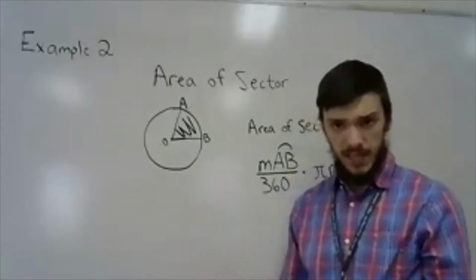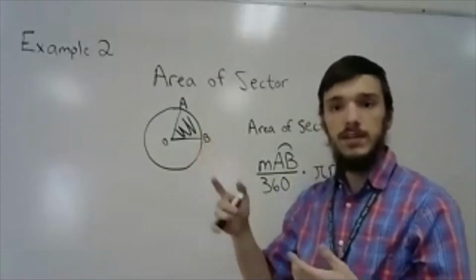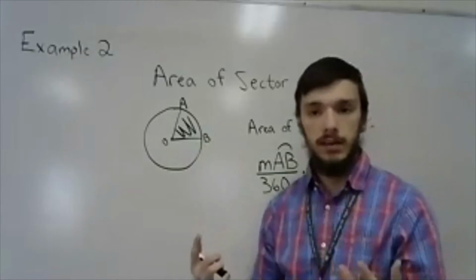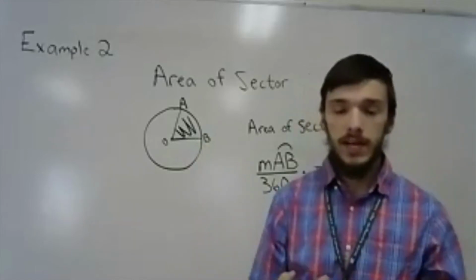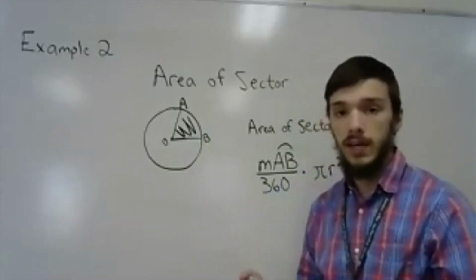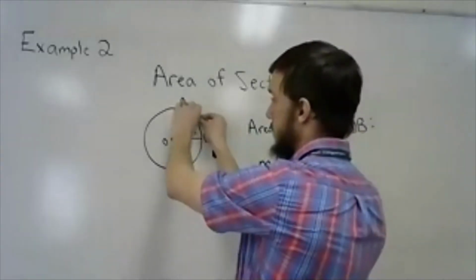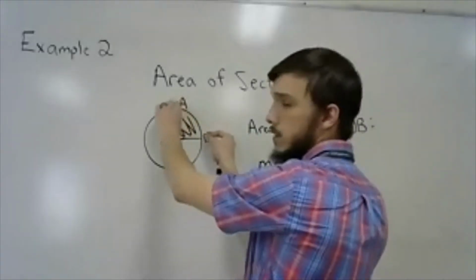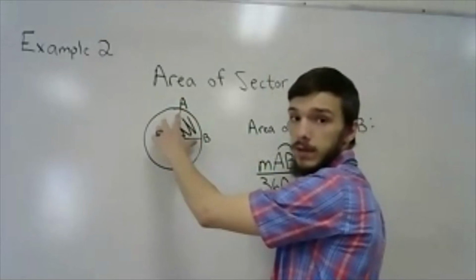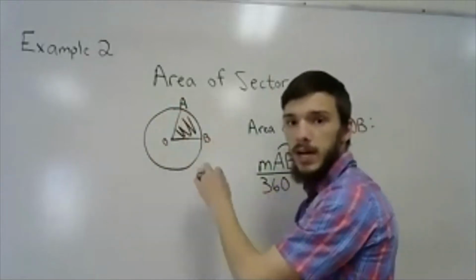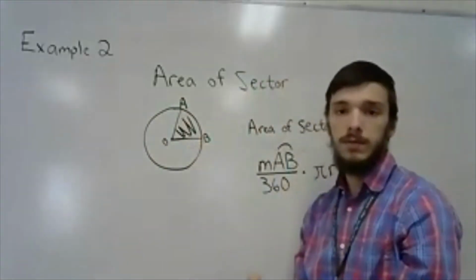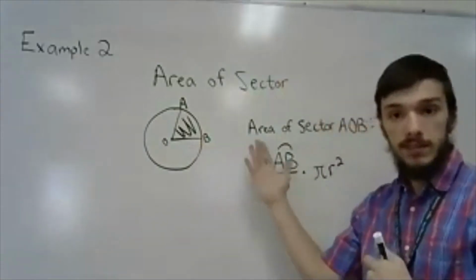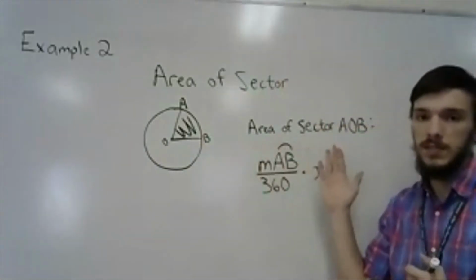So finding the area of a sector is very similar to finding an arc length. Now, if you remember from our last lesson, the arc length was figuring out what fraction of the circle's perimeter the arc took up and multiplying that fraction by the perimeter of the entire circle. Finding the area of the sector is very similar to that.